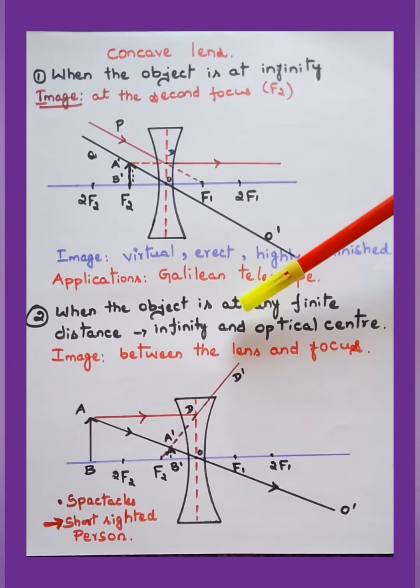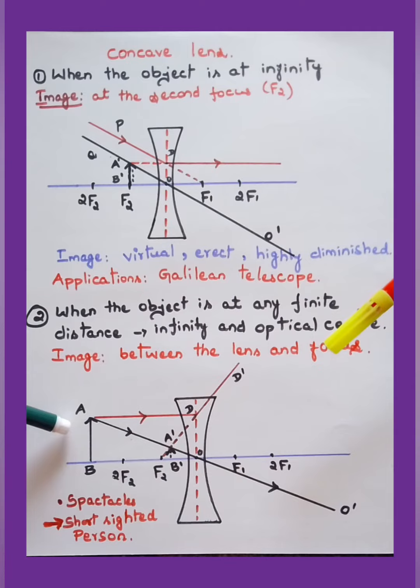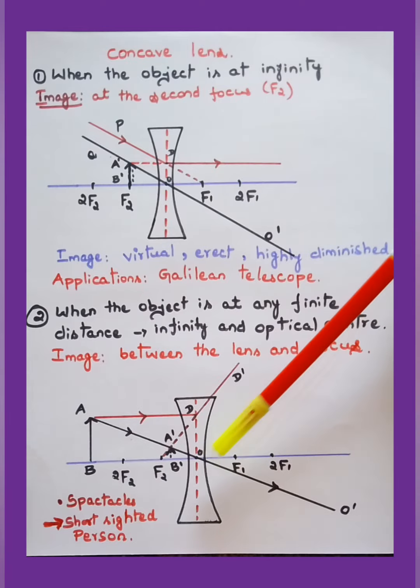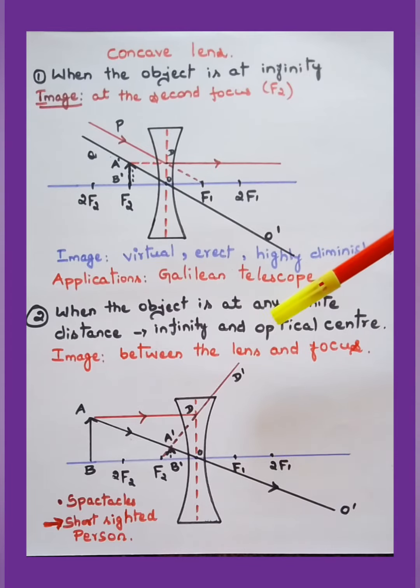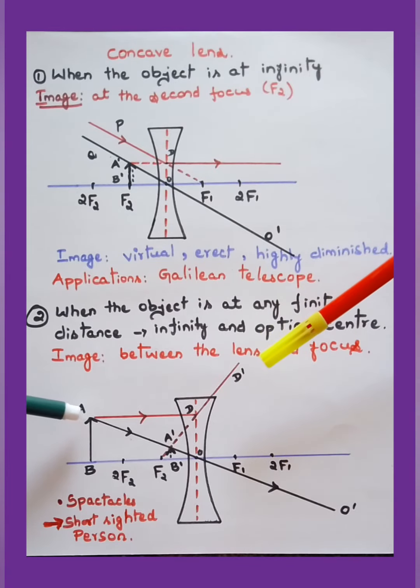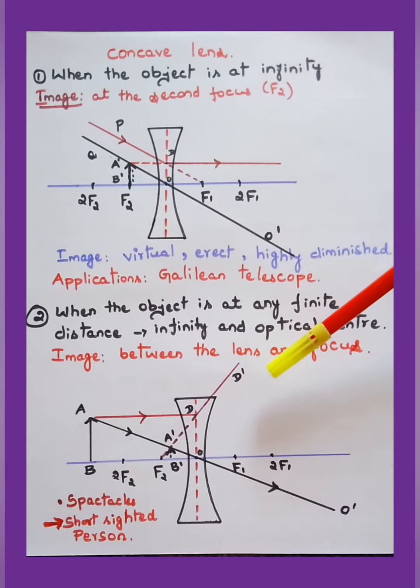Okay, so how do we draw this when the object is at a finite distance? We have drawn the object as usual with the base, like all the diagrams. Then one line has to pass through the optical center. First line is over. Next, this line has to pass parallel to the principal axis. Same as in the case of the convex lens, we have a second one. Other than the infinite distance, for the second one we have taken a parallel line.